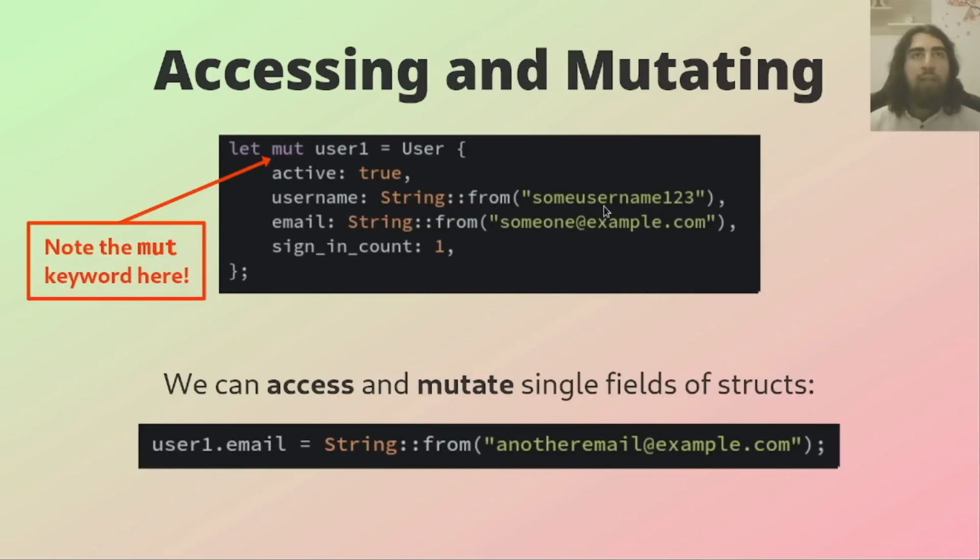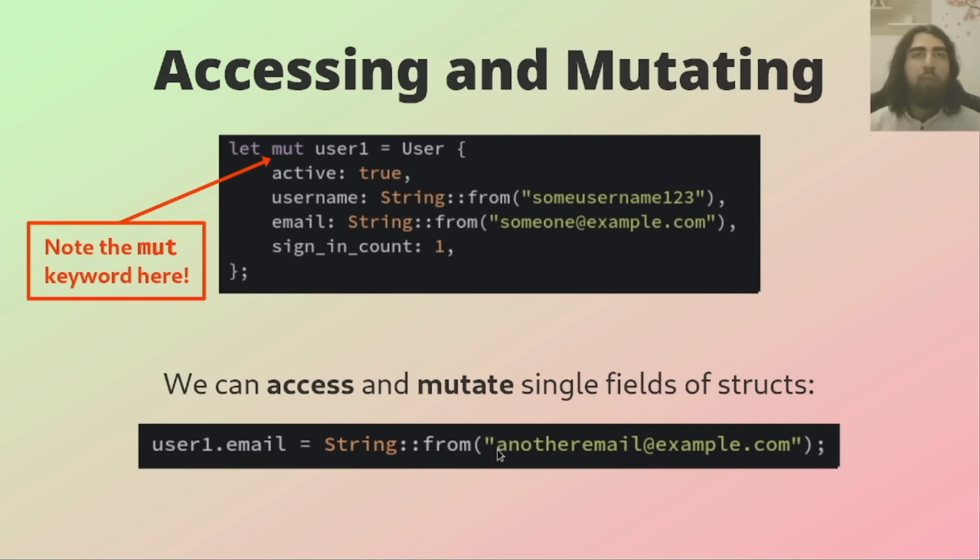And we can access and even mutate the fields of an instance. So over here, as you can see, we have created an instance and assigned it to the user1 variable. And then we can use this syntax over here to access a field. So in this case, we are even mutating the email field from the instance user1.